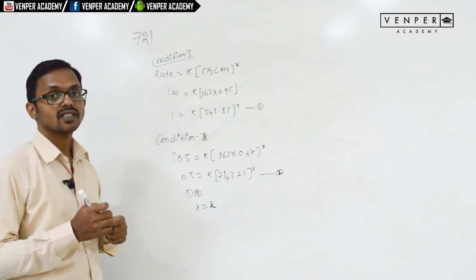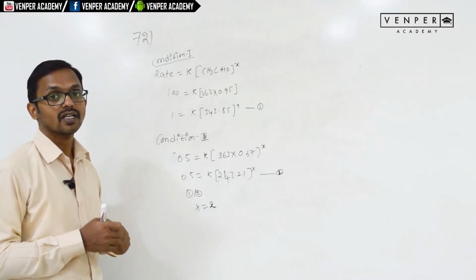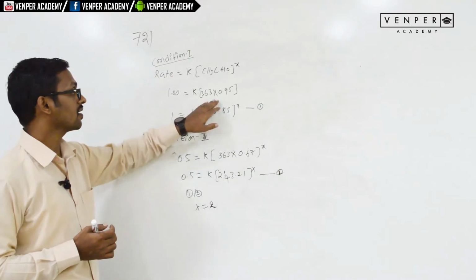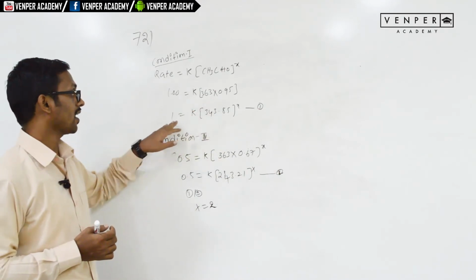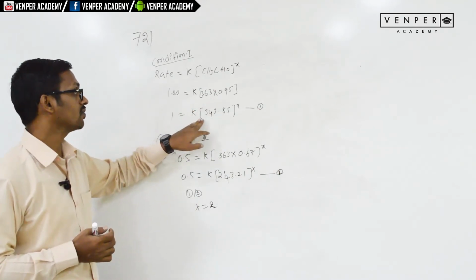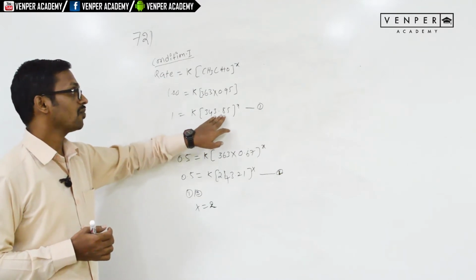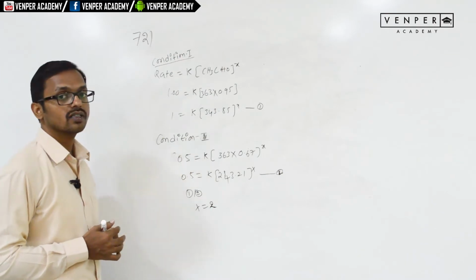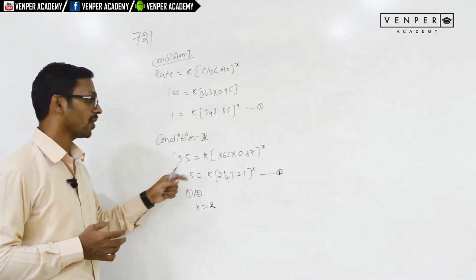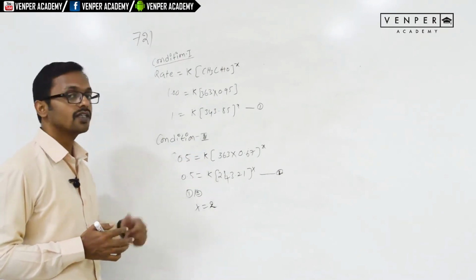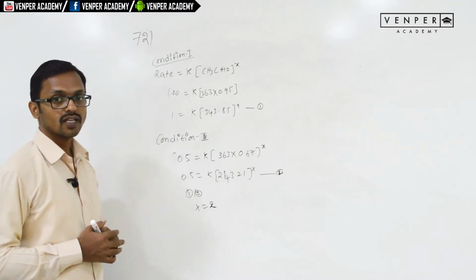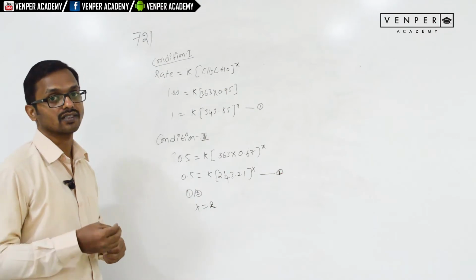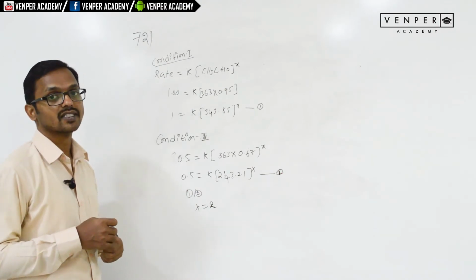That means 363 is the total pressure into 0.95, then this is the concentration at time t. So 1 is equal to K into 343.85 all to the power of x. The next, condition 2: in this one the rate is already given, that is 0.5, which is equal to K into 363 into 0.67, because 33% has reacted, the left one is 0.67 only.